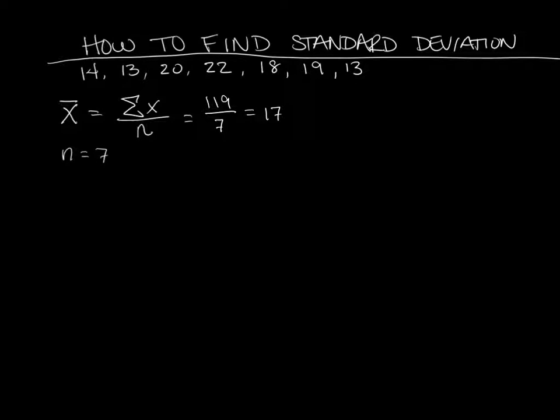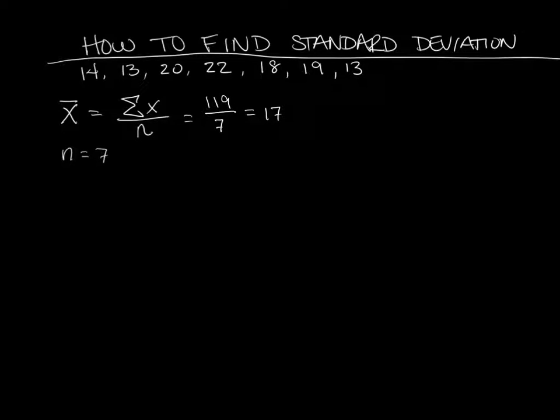So now that I have the average of everything, I want to know, on average, how far away from the mean my data points stray or deviate. So I'm going to make a table that goes through the formula. Let's write down the formula first.